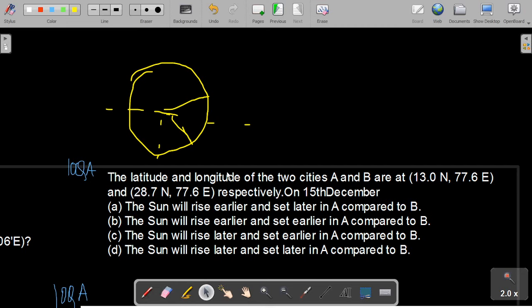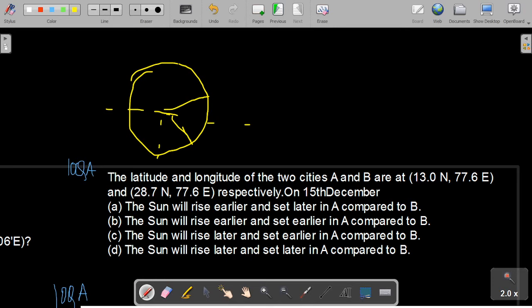Now, if we talk about winter solstice, then the sun moves 23.5 degrees below the equator. So the days are longer in the southern hemisphere now, and they are shorter in the northern hemisphere, which is basically what we had to know in this question. So our 15th of December is around the time of the winter solstice.